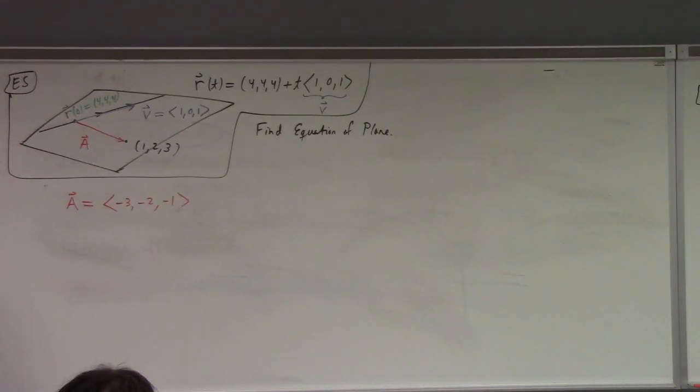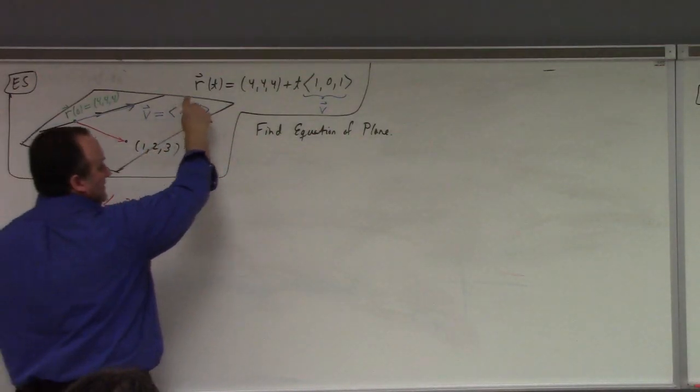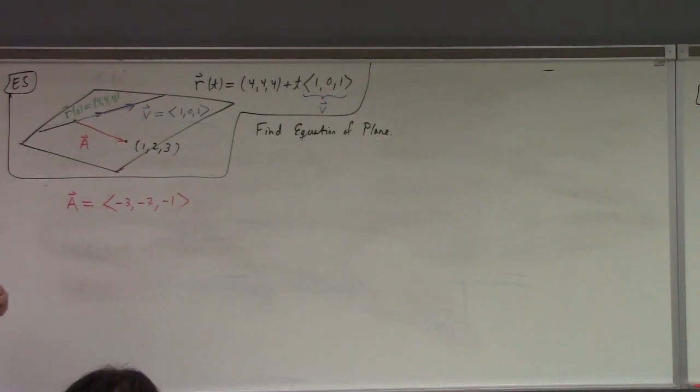So yes, we could have also done what Jacob was suggesting, which is to look at r of 1, and then r of 1 minus r of 0 would give me that vector V. But I don't even need to do that, because I can already see V directly from this. There are dozens of ways to work this problem, all right?